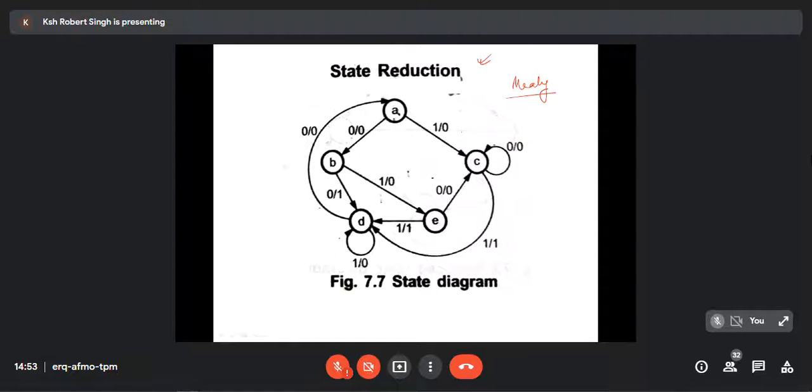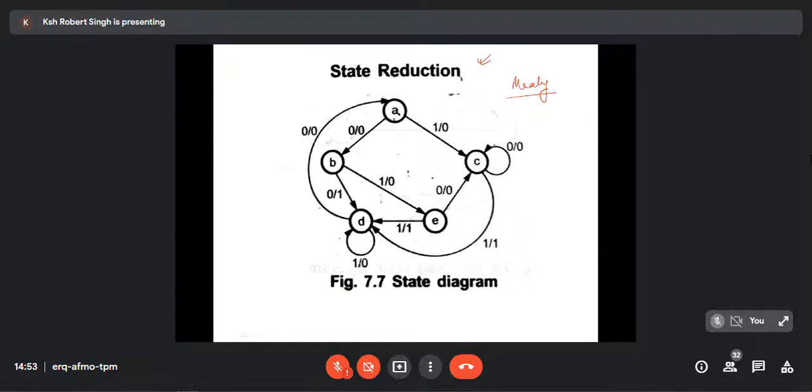How do you know it's a Mealy circuit? Because in state A, the output is not written together. Output depends on input as well as on the state. Left side is the input, right side is the output.